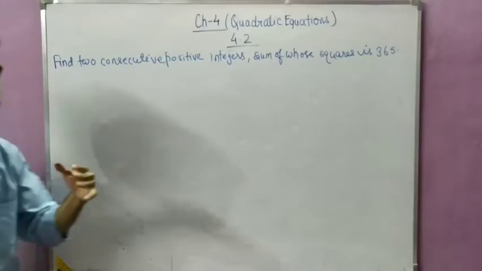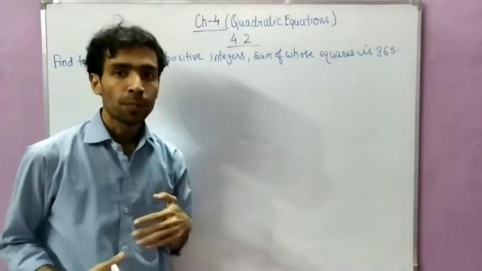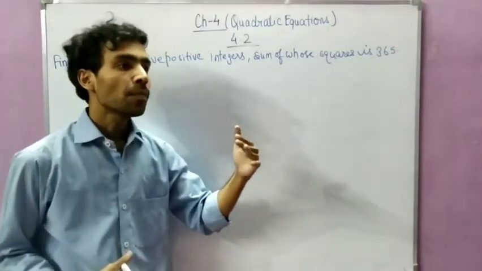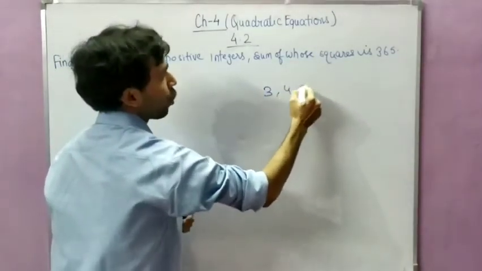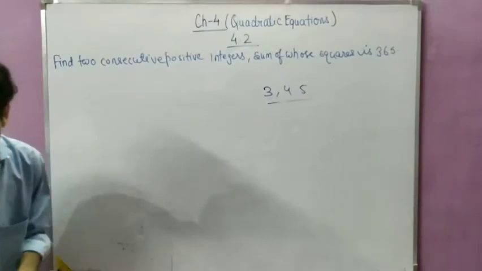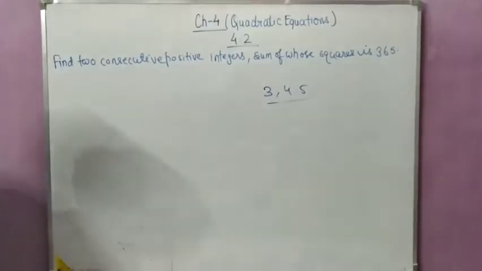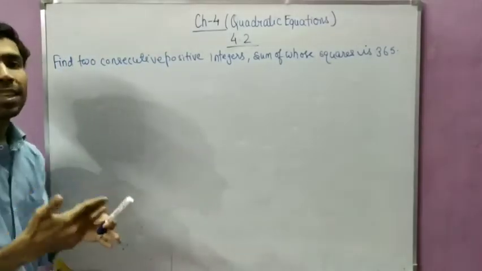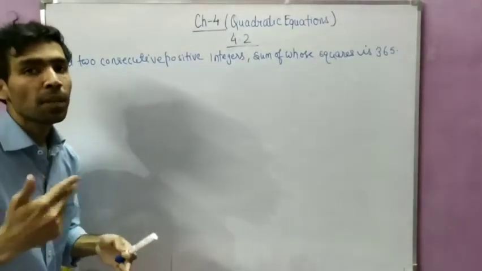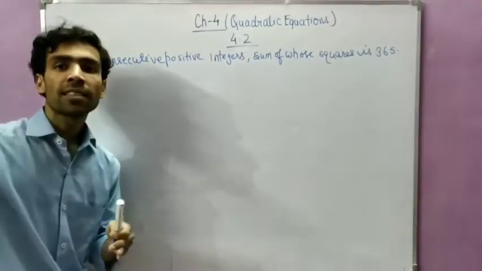So students, whenever you have to take positive integers, I told you side by side means one by one. Suppose 3, 4, 5. These are the consecutive integers. So when you have to consider consecutive integers, suppose first number is x, then the second number will be x plus 1, third number will be x plus 2. We will add 1 in the next term.